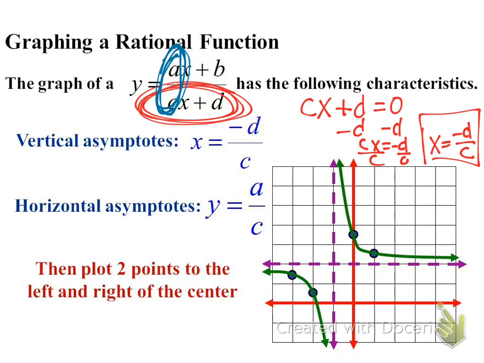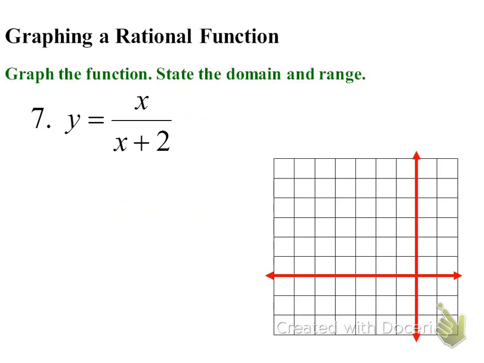Just a little trickier, a little more to think about than the last time. All right. Here is number 7. So let's look at our vertical asymptote first.